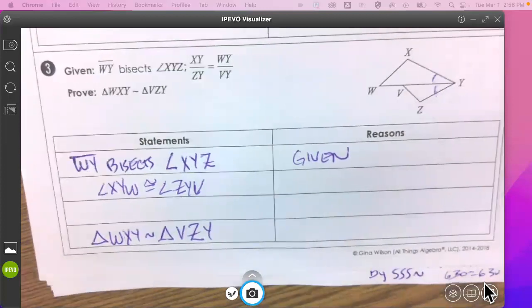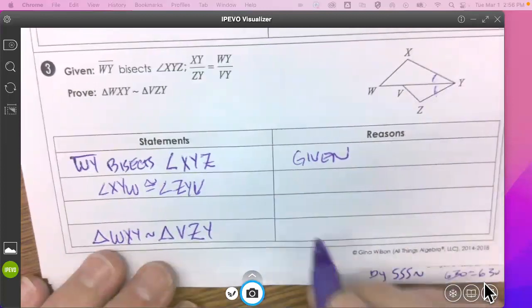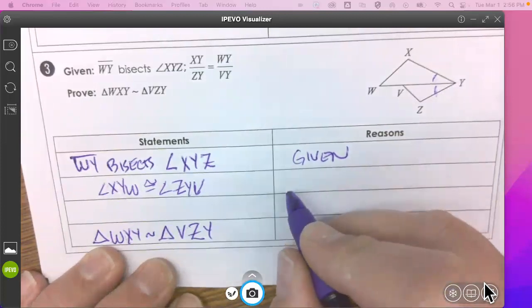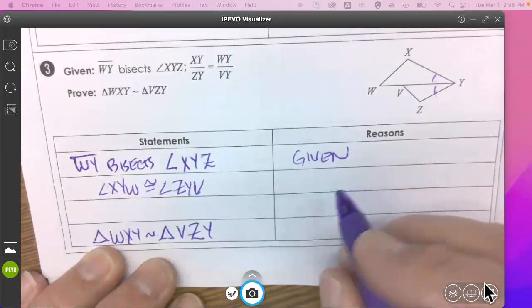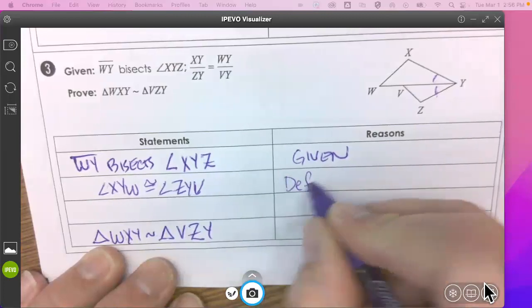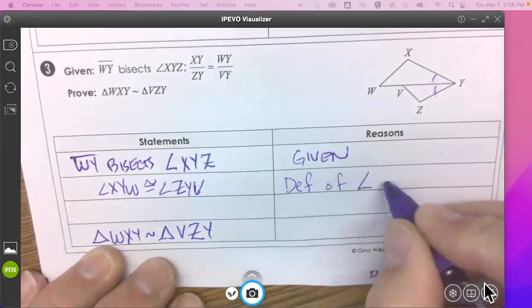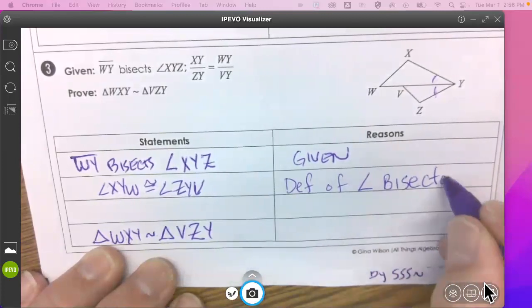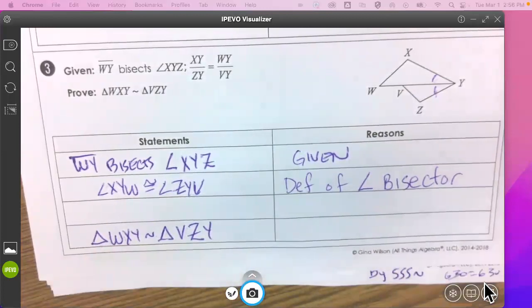Why is that true? If angle bisector, then congruent, or we could just say definition of angle bisector, right? That's what it means to be an angle bisector. Don't mind my mix of capital and lowercase letters. All right, so that gives us one piece.